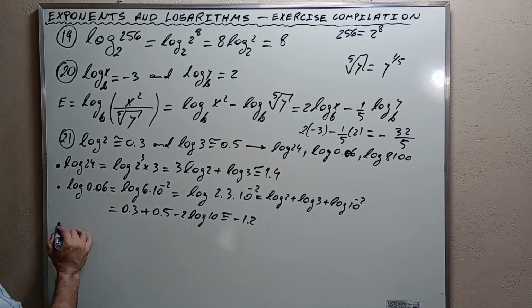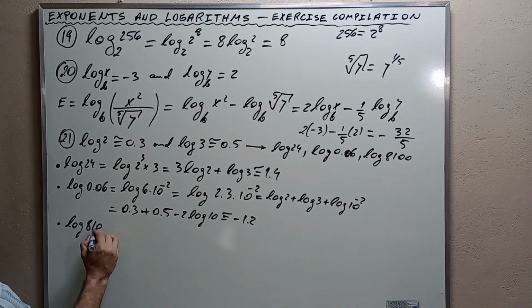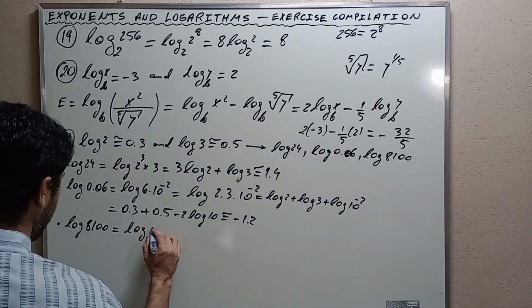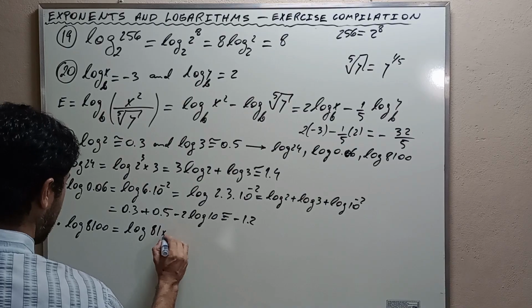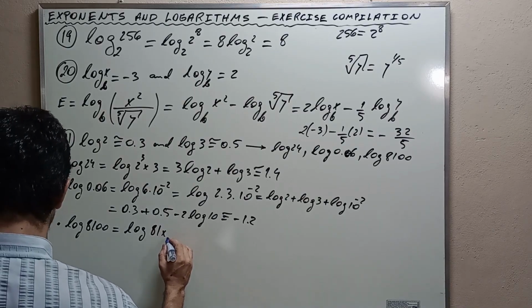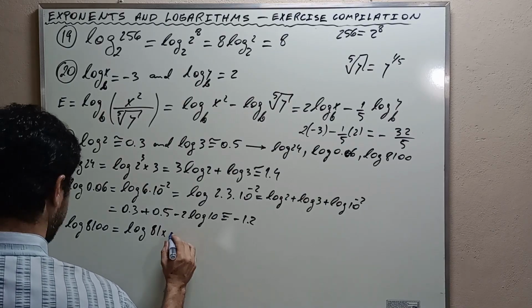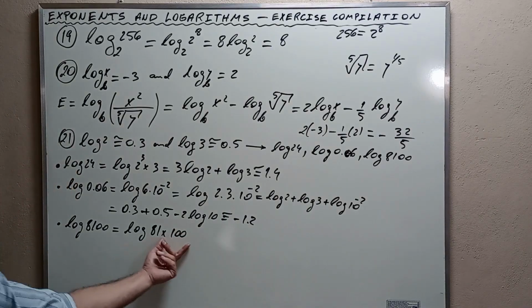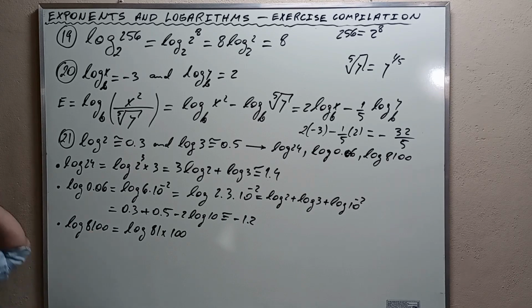Okay, negative 1.2. And now the logarithm of 8,100. How do we calculate this? Observe that 8,100 is equal to 81 times 100. Okay? If you multiply this, you get this number here.